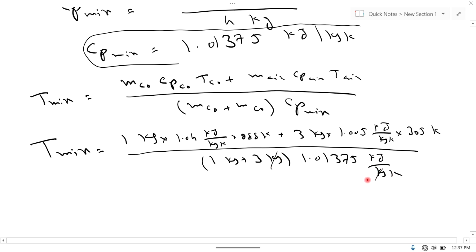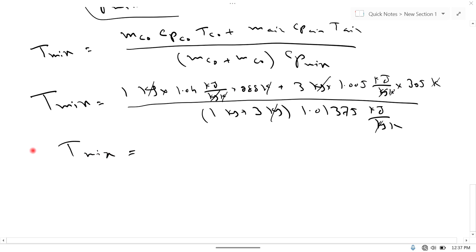Kilogram will be cancelled with kilogram, Kelvin will be cancelled with Kelvin, and here also Kelvin with Kelvin and kilogram with kilogram. So for T of mixture, multiply these values and then add.